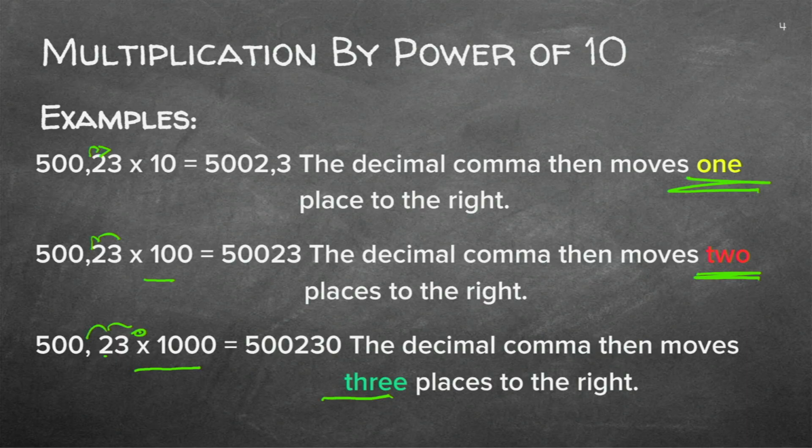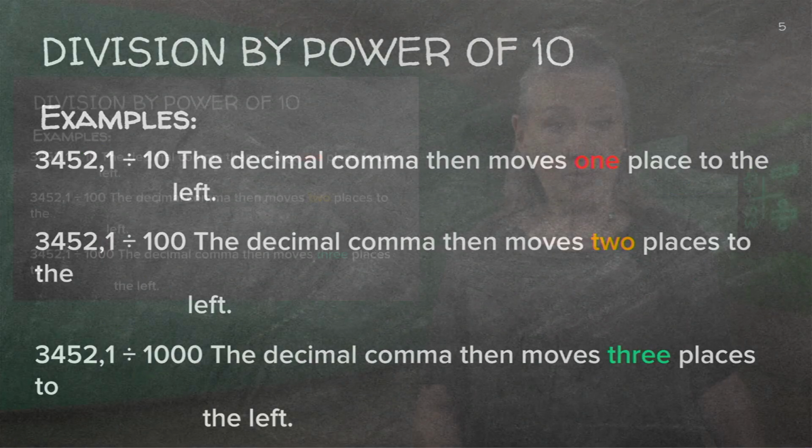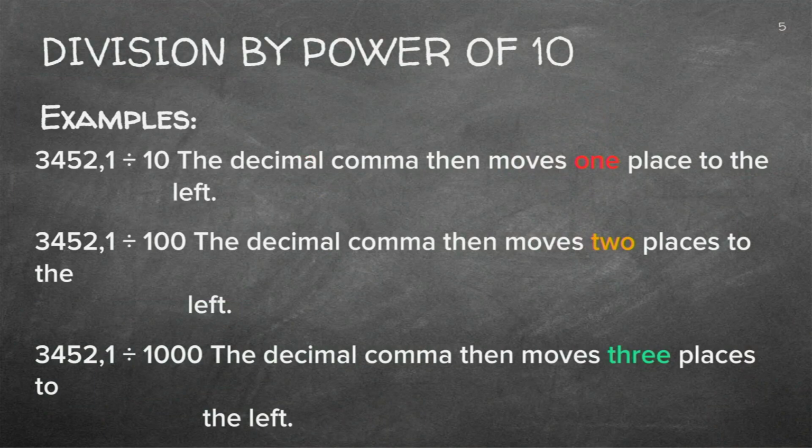Okay, so if we divide by a power of 10, 3452.1 divided by 10, we move the decimal comma 1 place to the left, and our answer would be 345.21.